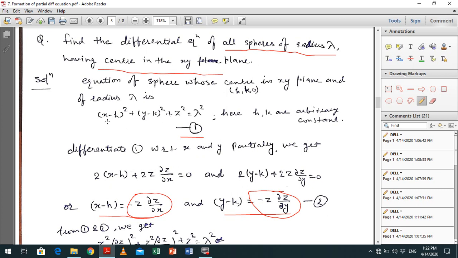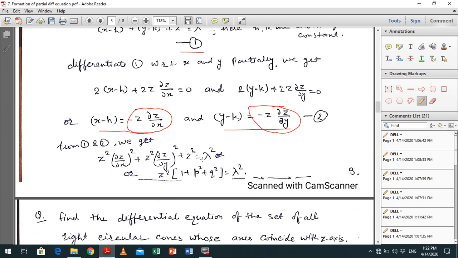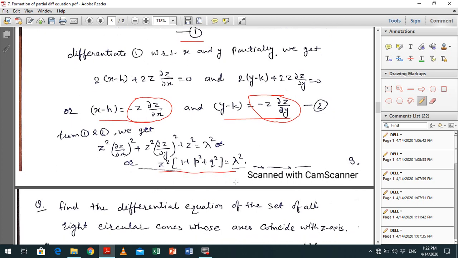So it becomes minus z del z upon del x whole square plus minus z del z upon del y whole square plus z square equals lambda square. When we simplify this, we get z square times 1 plus p square plus q square equals lambda square, which is the required partial differential equation.